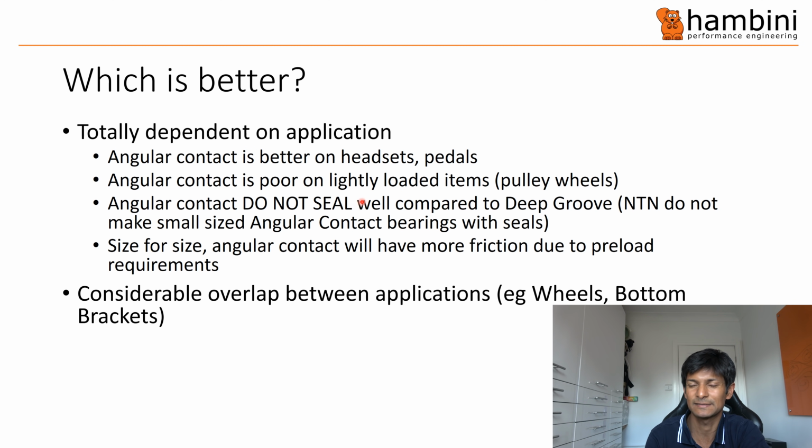The pedals, I've got a set of Dura-Ace pedals, they have an angular contact cup and cone bearing and a roller bearing in there. Their Ultegra level pedals have a slightly different bearing arrangement, and I think it's mainly to do with weight, or I guess cost saving more than anything else.